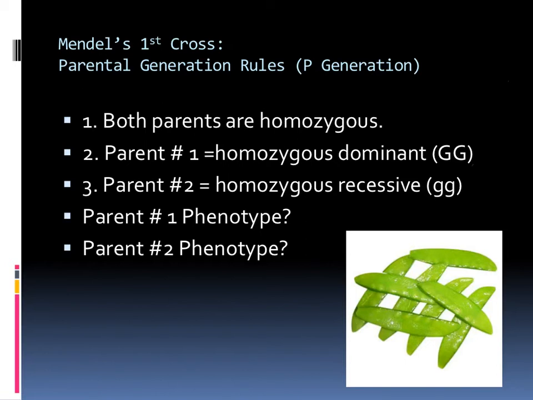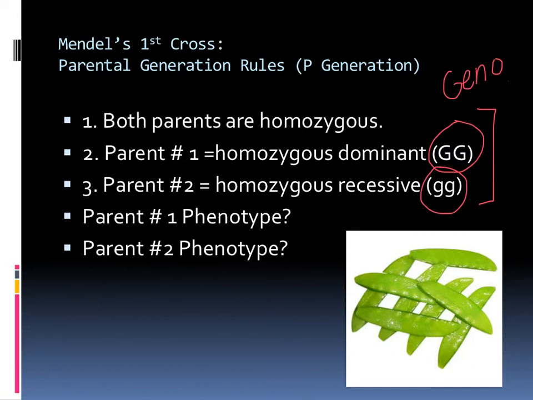Parent number 1 is homozygous dominant, so parent number 1's genotype is big G, big G. Parent number 2 has to be homozygous recessive, so their genotype is little g, little g. Again, remember that genotypes are the letter combinations. These are all genotypes. We cannot see this when we look at a person. So don't expect to look at someone and see letters. No, we just do this on paper so we can map out the problem.